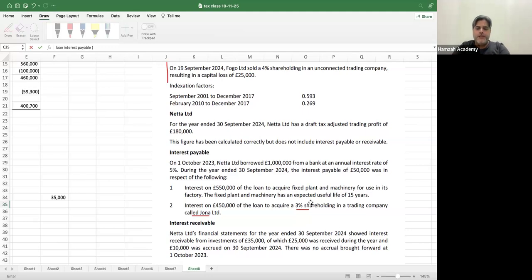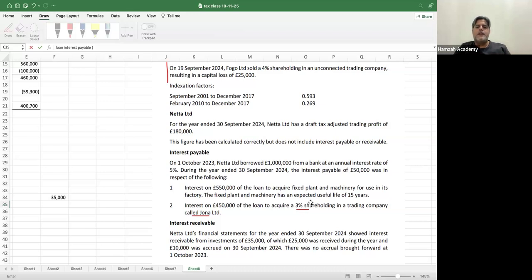Now the interest on the loan to acquire the plant and machinery is something which is going to be related to the trade over here, right? So it's not going to come over here, right?